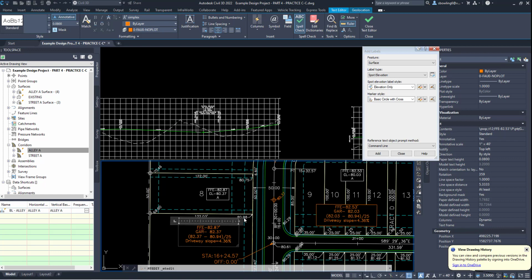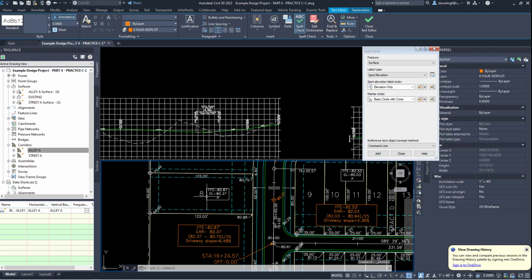And the front, lowest one is 80.75. And it's still 25 feet. So 82.37 minus 80.75 is 1.62, divided by 25 gives me 6.48. Okay, so 6.48. That's how you calculate to see if you've got the slope.